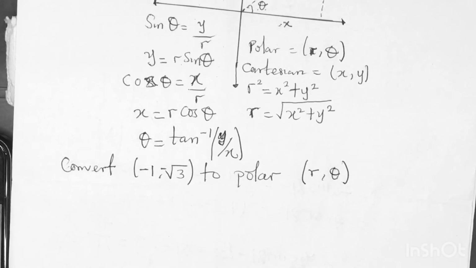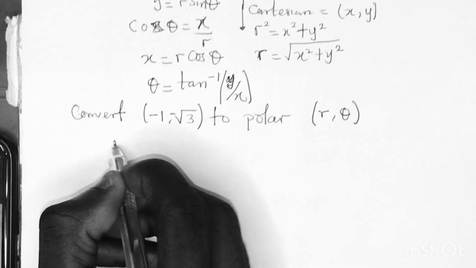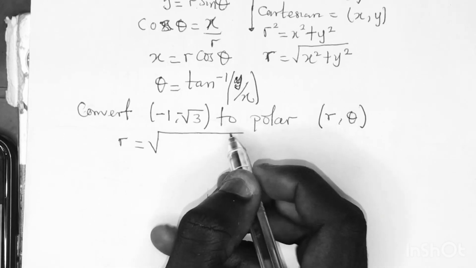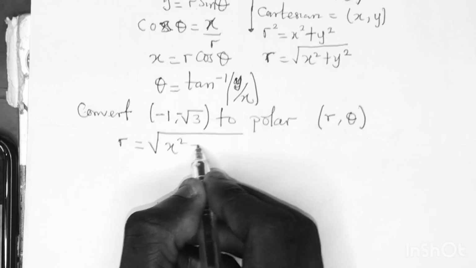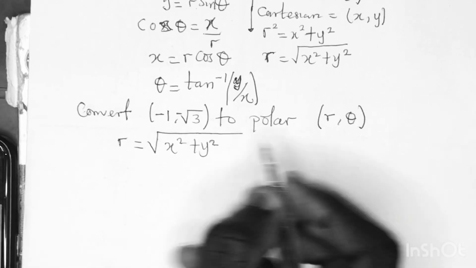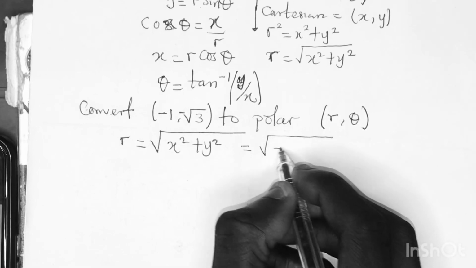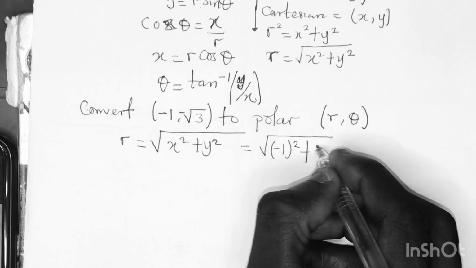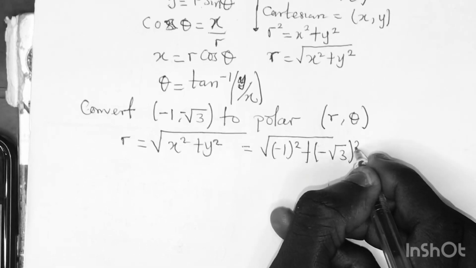It is very simple. To get our r first, our r will be the square root of x squared plus y squared. So that will give us the square root of minus 1 all squared plus minus root 3 all squared.